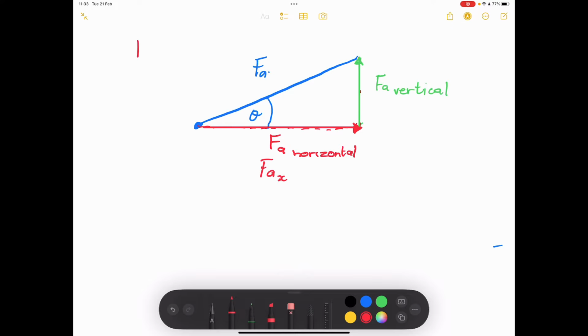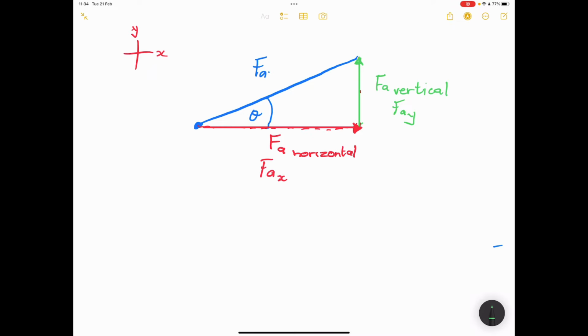If you think about the Cartesian plane, you have y here, you've got x there. So I'm going to call that the equivalent of A in the x dimension. And of course, the one in green will be the equivalent of A in the vertical, or the y dimension. Now, ladies and gents, please note the following.